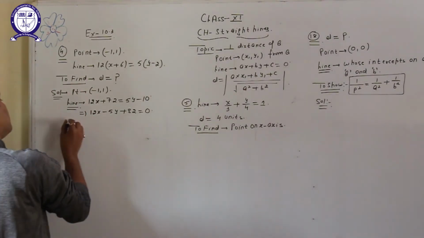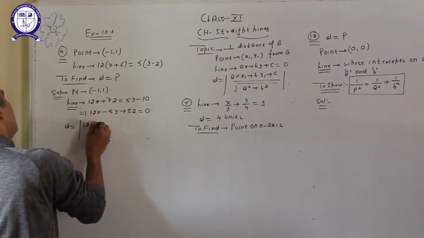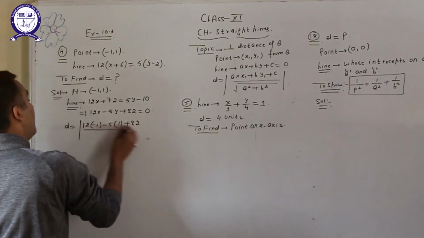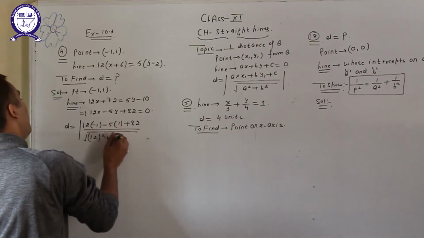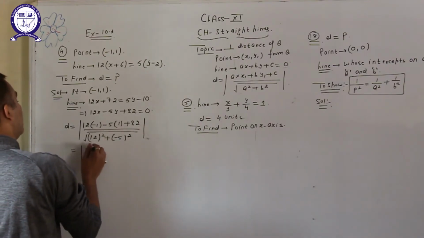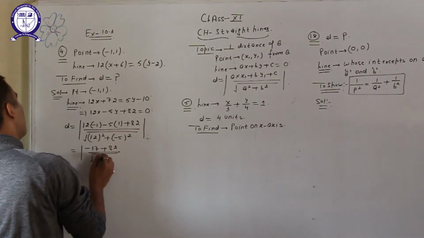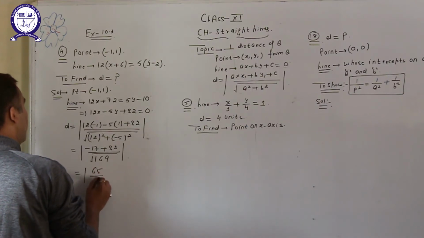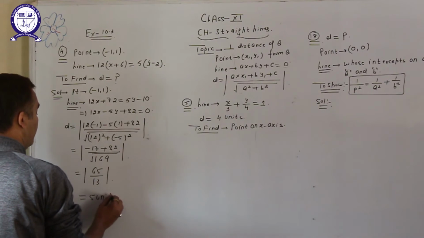Now get distance by given formula, modulus, put point in equation of line upon under root coefficient with x square, coefficient with y square, is equal to -17 plus 82 upon under root 169. It is modulus 65 by 13 and our required answer is D is equal to 5 units.